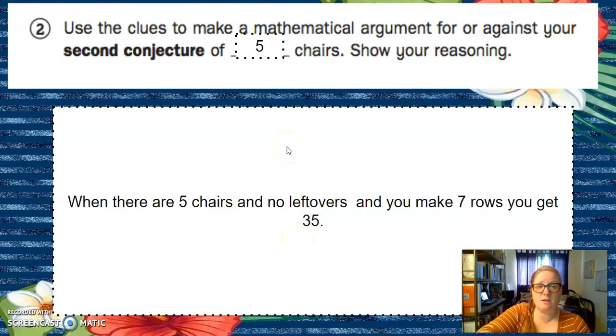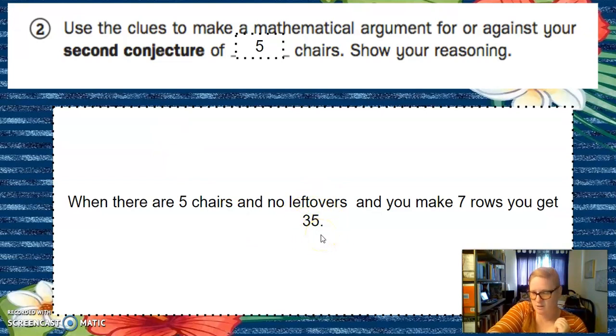This student was confused that they thought we were talking about how many chairs are in each row, not how many chairs are total in the classroom. So it's how many chairs are total in the room, not how many chairs are in each row. But we could try this one because really though their guess is 35. And so we could actually try that and see if it works with all of our rules.